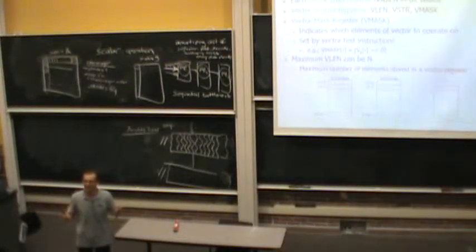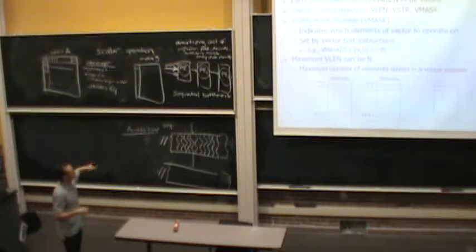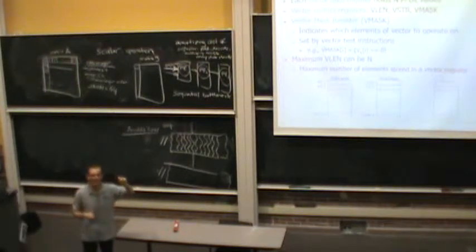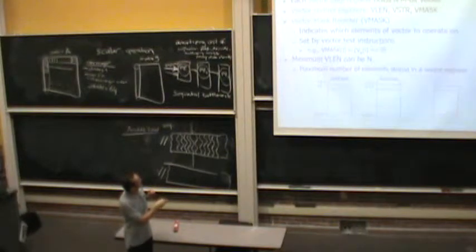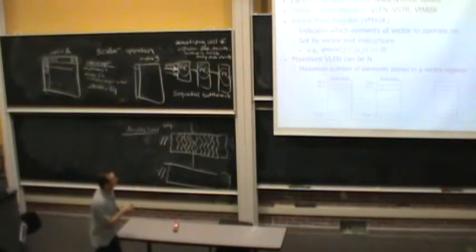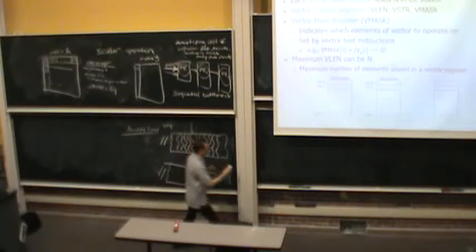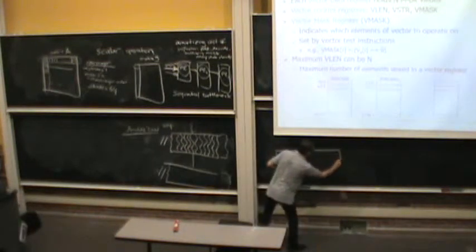Okay? Let's say we don't want to have any branching. Well, this is essentially predication in a vector machine. Basically, it's set by vector test instructions. Let's say in this case, this vector test instruction tests each element in a vector register and tests if the element is equal to 0. And you set the vector mask register with true or false, if you will, based on the outcome of that comparison.